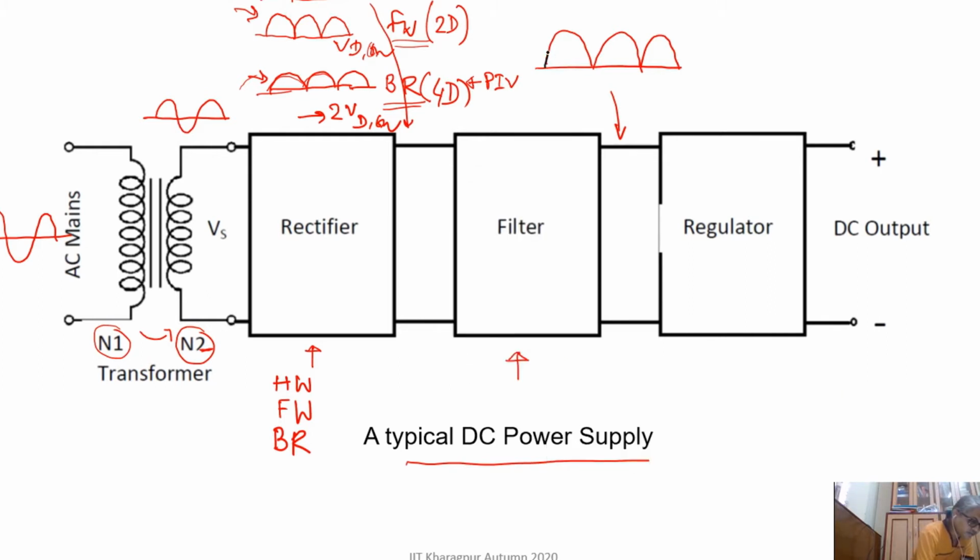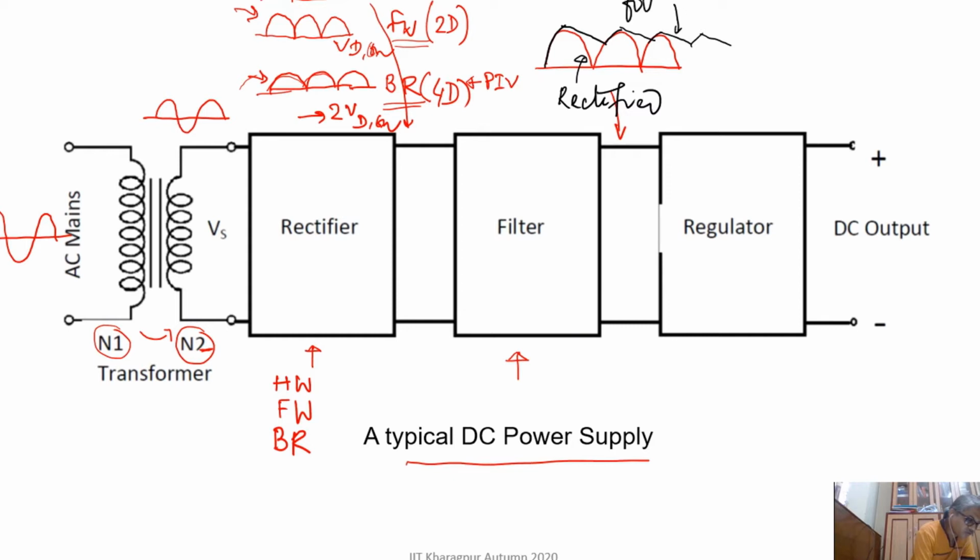So this is charging, and then it discharges through your resistor path, then it charges again, then through the resistor path it discharges, and so on. So you see the variation after this filter circuit will be much less compared to what it is at the input of the filter circuit. So this is your rectified output, whereas this is your filtered output.